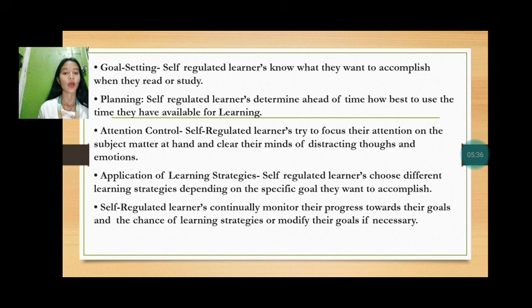The last one is that self-regulated learners continually monitor their progress towards their goals and change learning strategies or modify their goals if necessary. So regulated students will monitor themselves on whether there is progress or not. If none, change the learning strategies for you to achieve your goals in life.